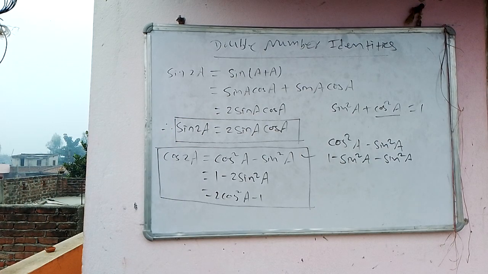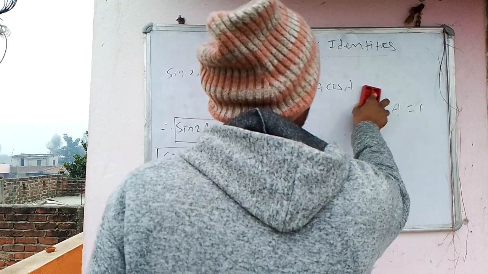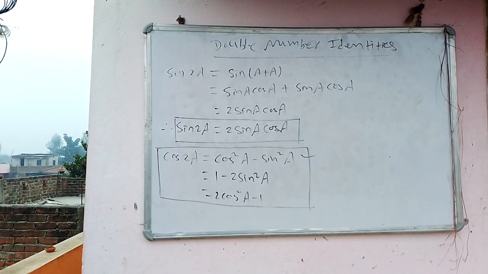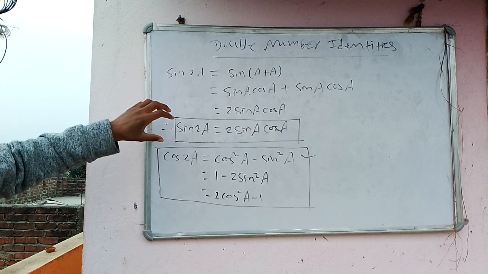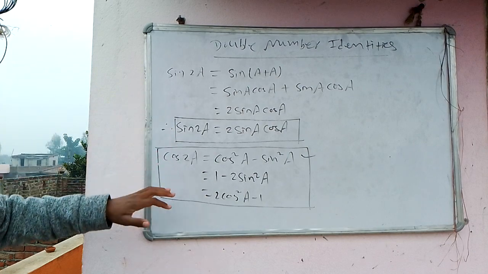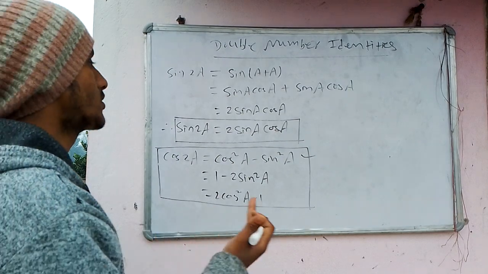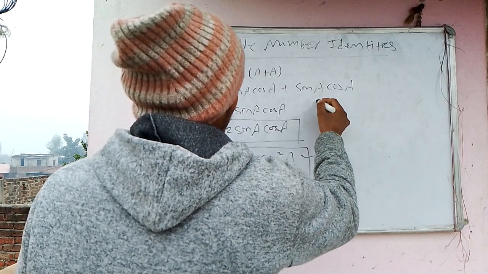I hope till here it makes sense. Now we have these identities ready for us to use in different problems. We have sine 2A and we have cosine 2A. Now it's time for tangent 2A. We're going to figure out what tangent 2A is.